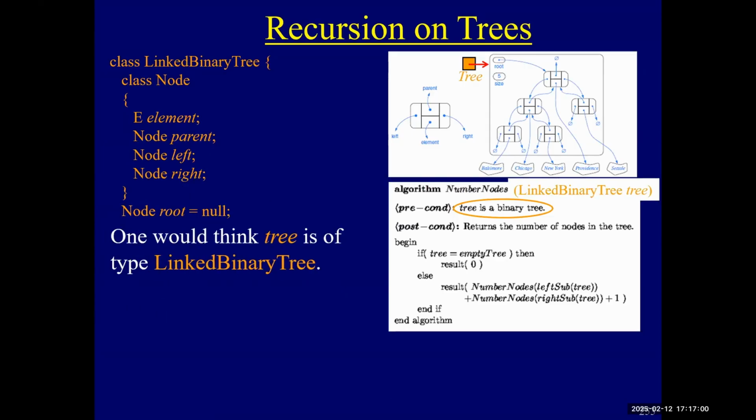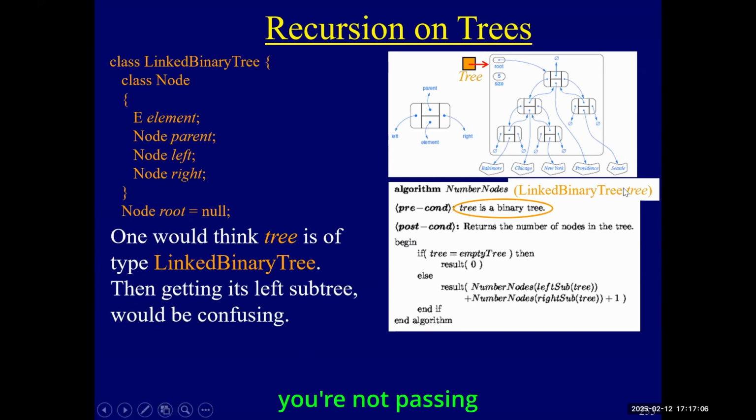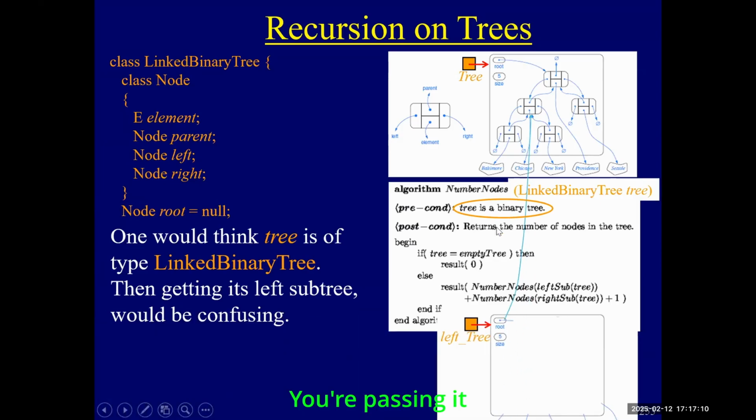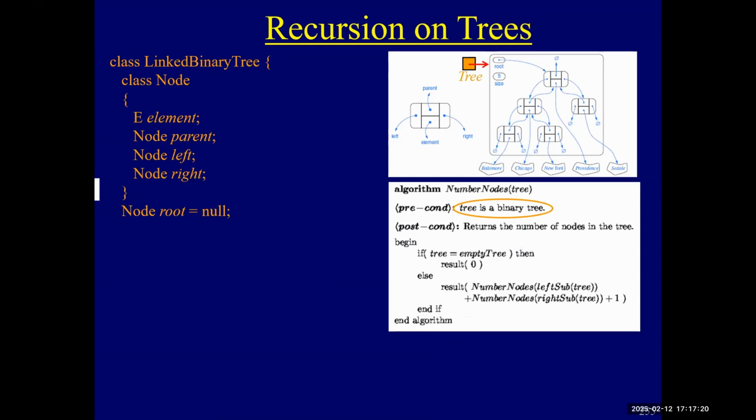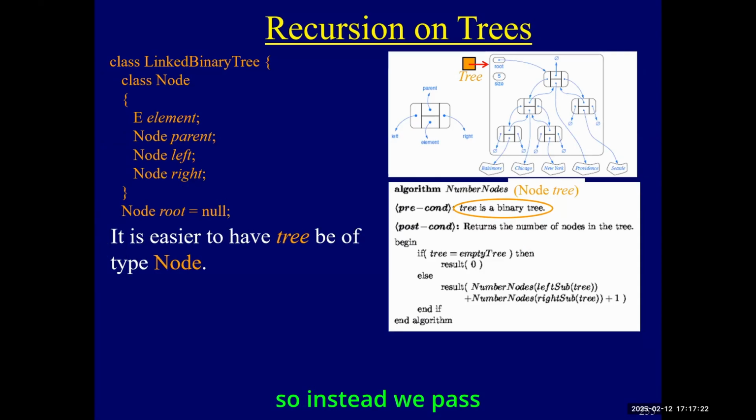So here, you're not passing it a linked binary tree. You want to pass it whatever this value is. We don't want to build one. So instead, we pass tree, which is of type pointer to node.